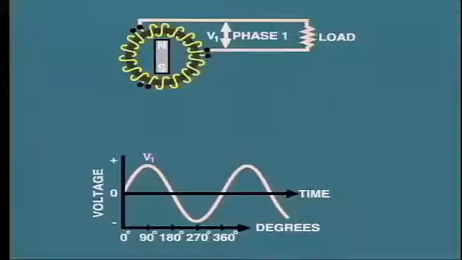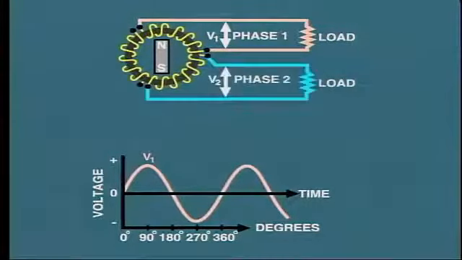Now let's look at various ways of connecting stator windings. In this basic arrangement, the 2 ends of one stator winding are brought to the generator terminals and then connected to feed a single-phase load. In order to generate a second voltage, we can use an additional stator winding, which is placed at an angle of 120 degrees from the first winding.